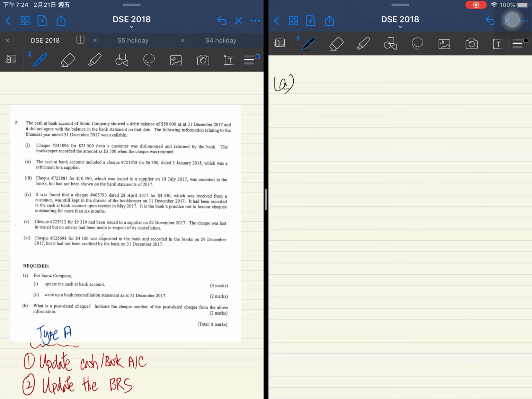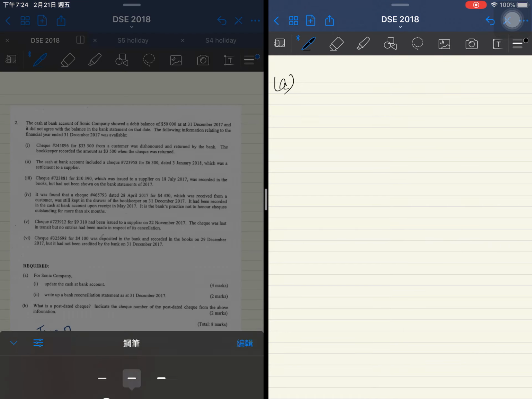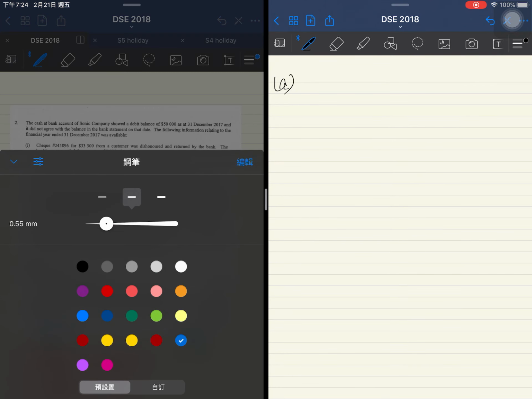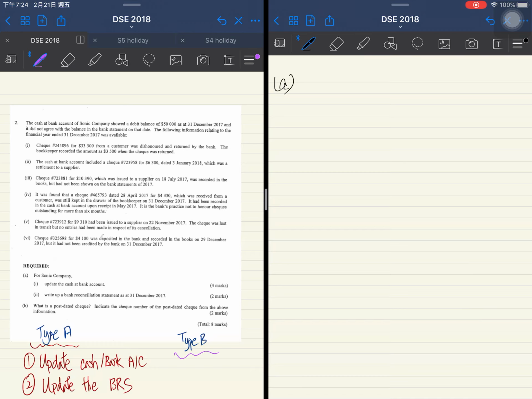And for type B, in purple, we update the BRS first, and then update the bank account.